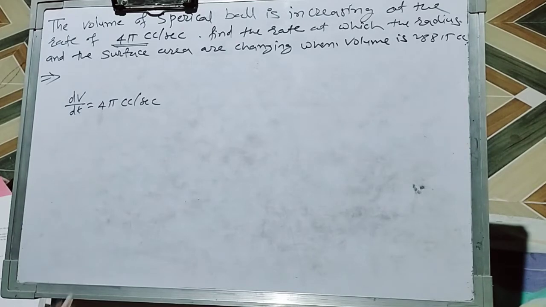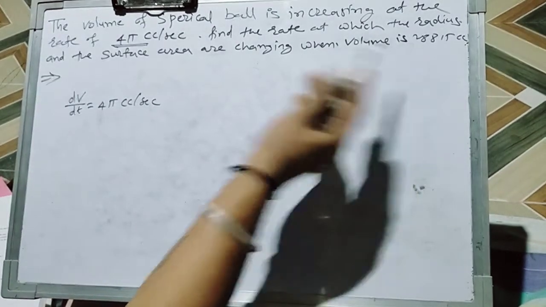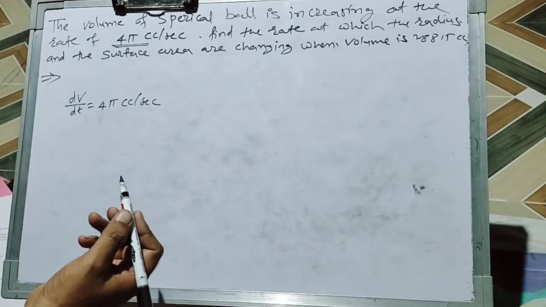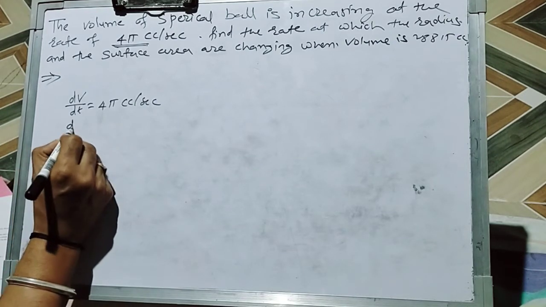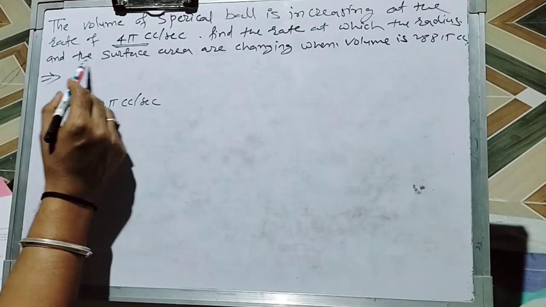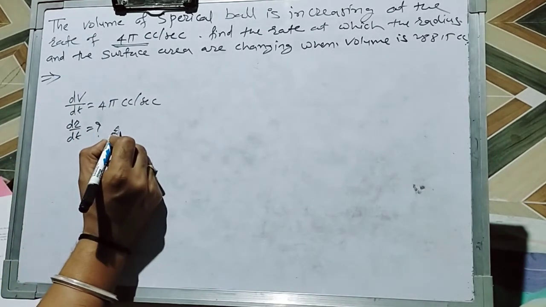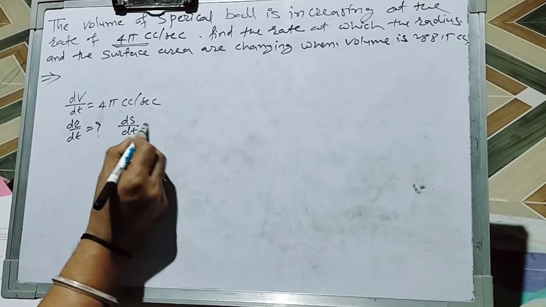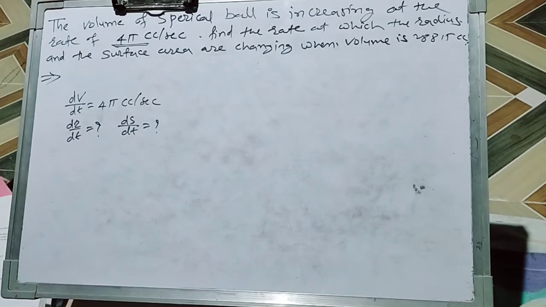And here we have to find the rate at which the radius, if r is the radius, then we have to find dr by dt is equal to how much, and if S is the surface area, we have to find ds by dt is equal to how much.